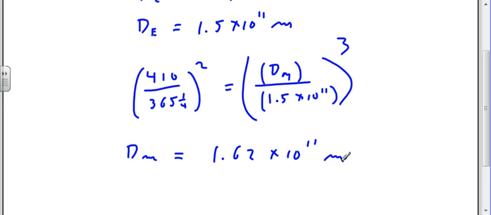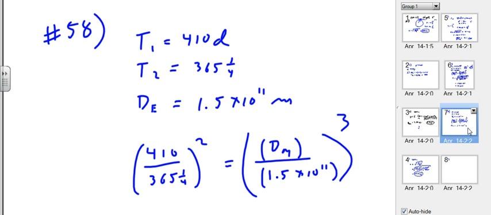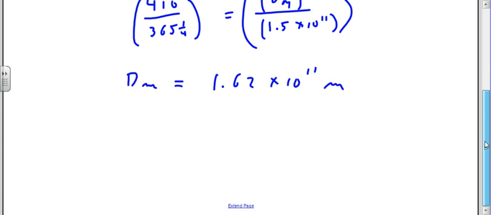That seems okay. That was 58. The final answer for 58 was 1.6 times 10 to the 11th meters.